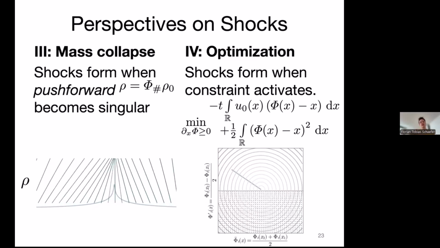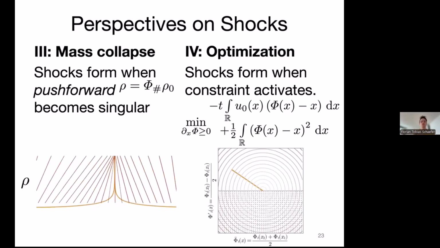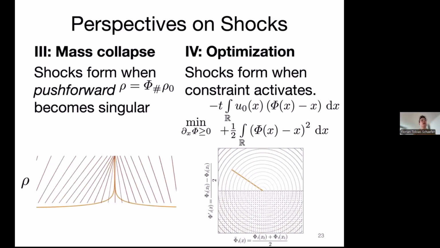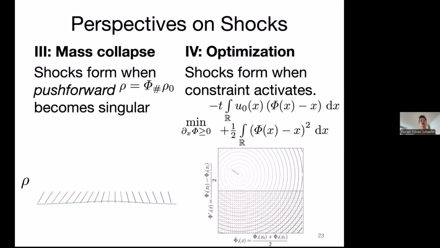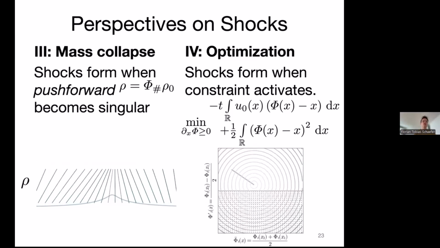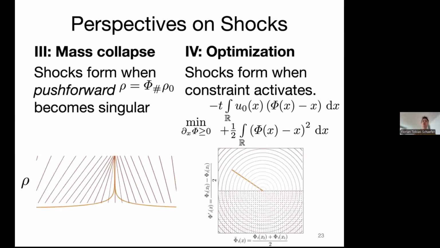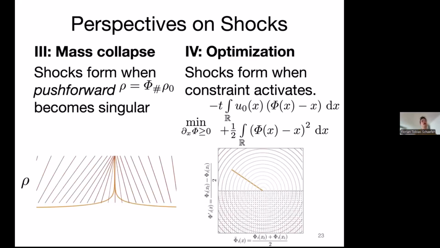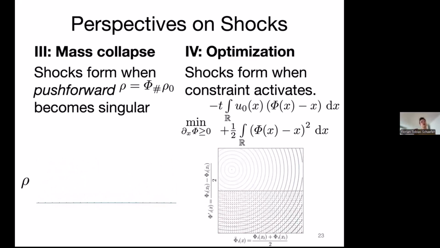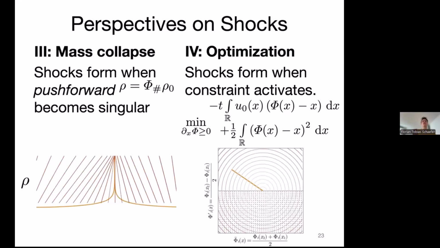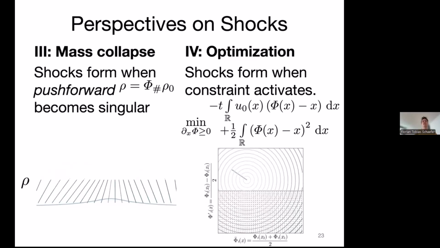And we can show, just by taking the derivative with respect to t, that this exactly recovers the pressureless Euler equation. And importantly, we have one additional constraint, which is that we want our map to be monotone. In other words, we want it to stay differentiably invertible. And the shock formation exactly coincides with the point when this constraint is violated, or rather becomes active.